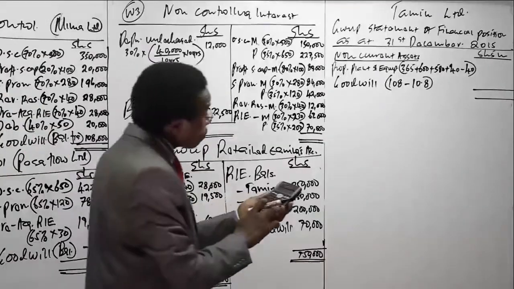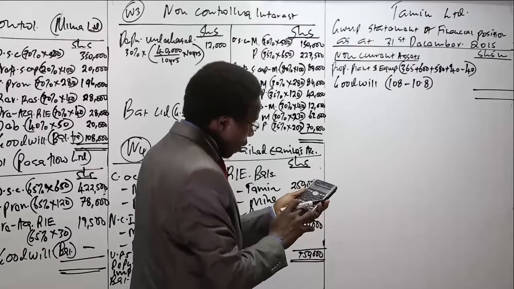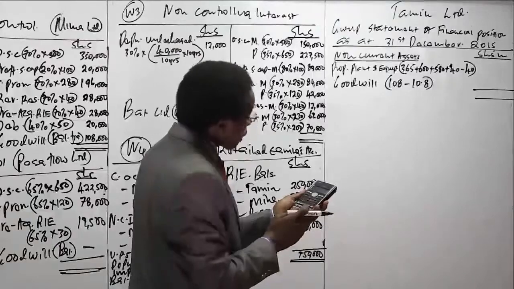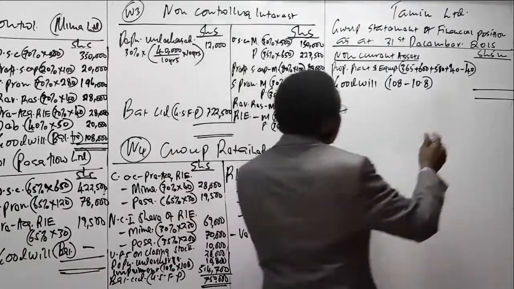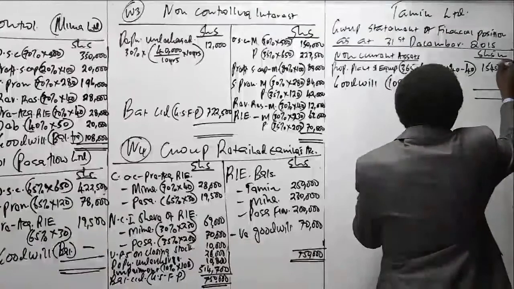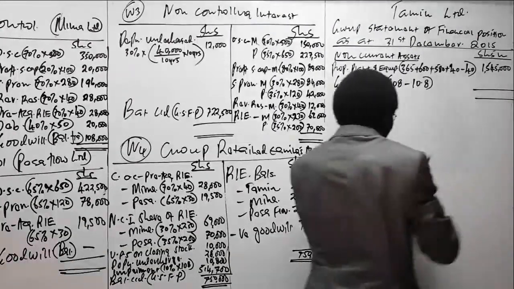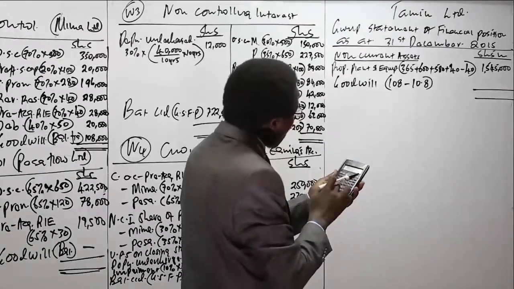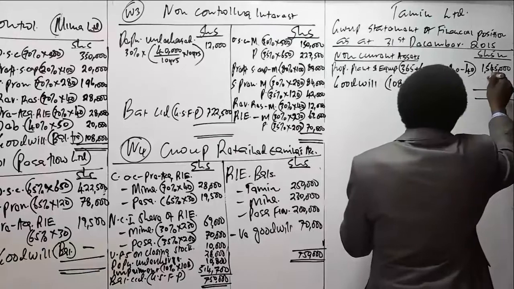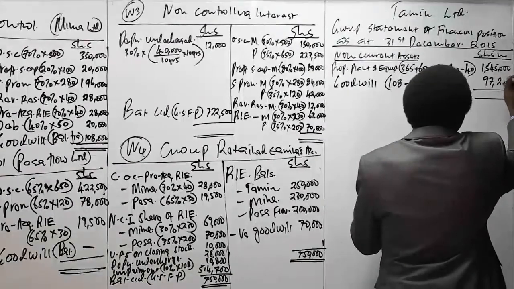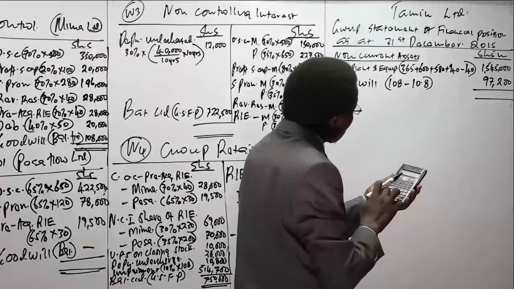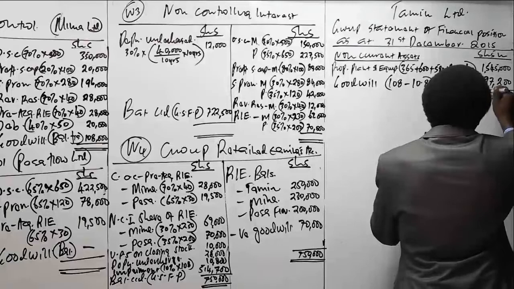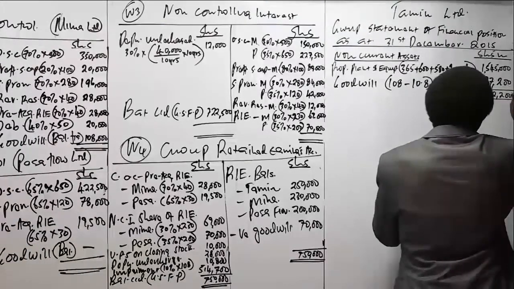We have the 365, the 600, the 580, so that is 1,545,000. Then for goodwill, we have 108 minus the 10.8. That comes to 97,200. Then we add: 1,545 and 97.2, we have 1,642,200.